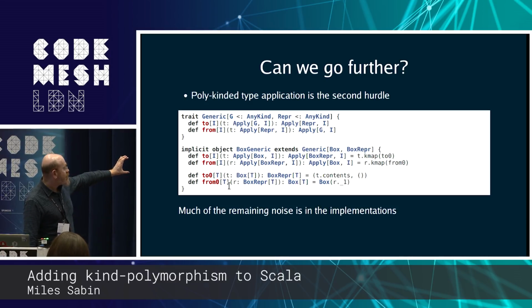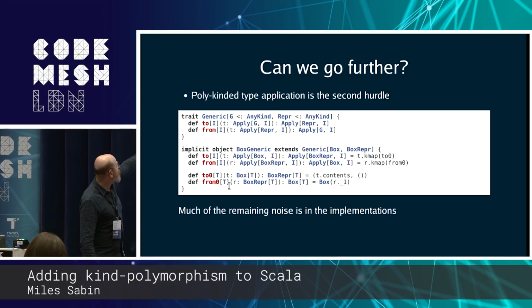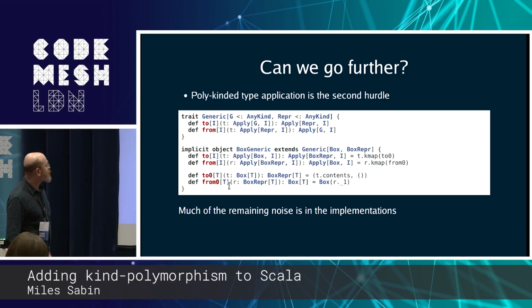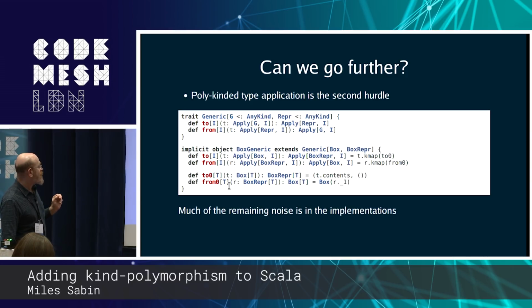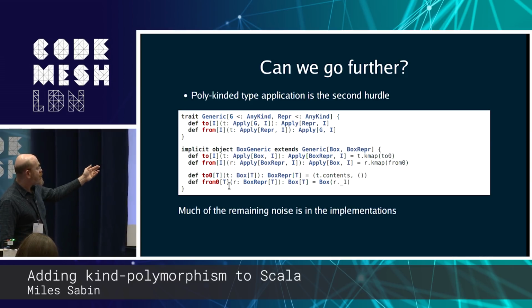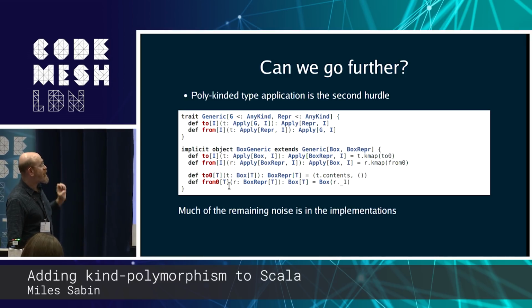And below it is an instance of that for a box data type. Box is basically option. So you can see that using the polykinded type constructor simplifies things a bit. Application is a problem, and you can see that in the instance, it's the application which is generating additional boilerplate.